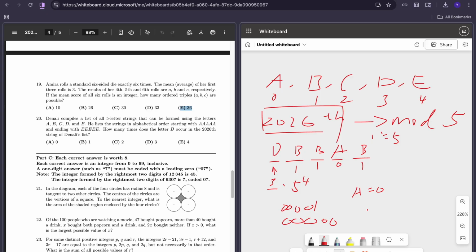So in numbers we should get 3, 1, 1, 0, 0. In alphabetical order, in letters we should get D, B, B, A, A. So our final answer is 2 B's, which is C.